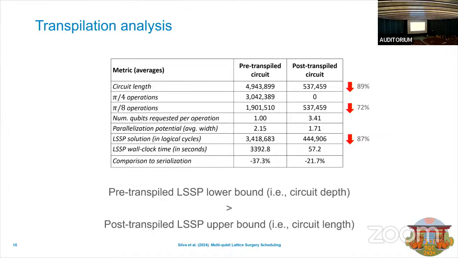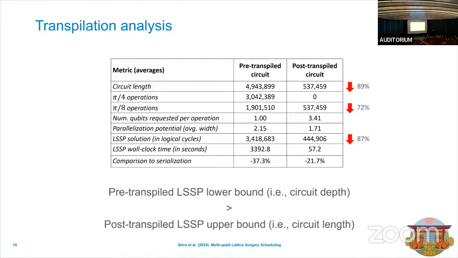And I just want to show you here that after transpilation, we remove all the pi4 operations, but we also reduce the number of pi8 operations, which is good because these are the costly part of fault-tolerant quantum computation, by 72% after running this algorithm. Again, as the literature knows, as this is vastly known, the number of qubits requested by operation increases after running the transpilation.